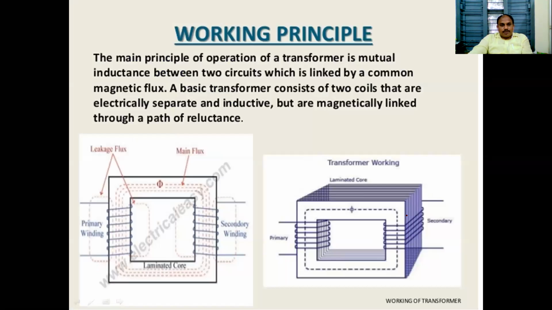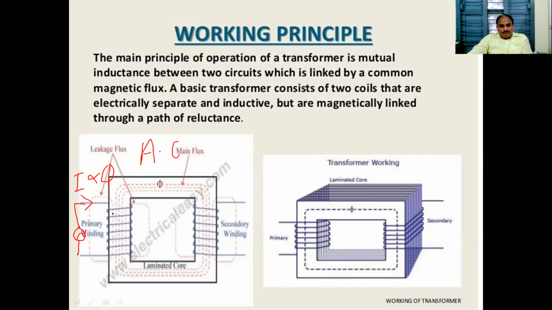So this is the working principle of the transformer. Suppose an alternating voltage is given to the primary winding. An alternating voltage is given because the transformer is an AC device, so it operates only on alternating current. Alternating current will flow, and this alternating current produces flux.